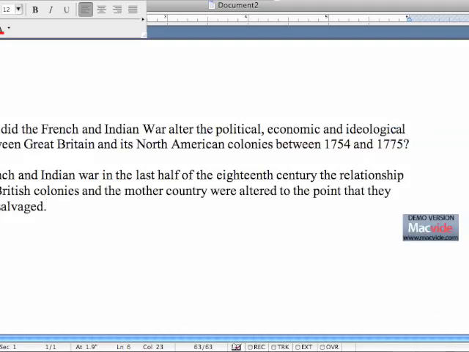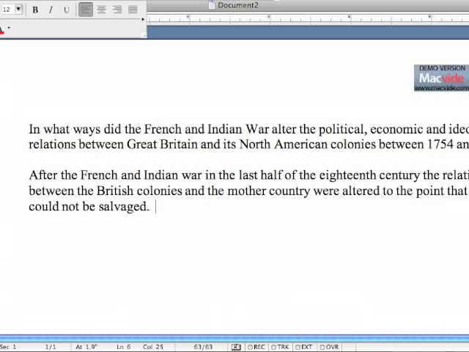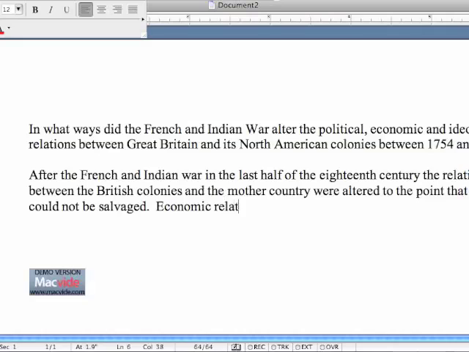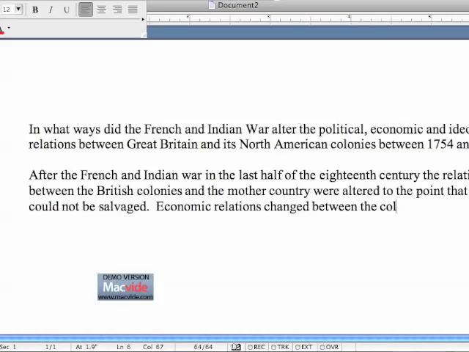The next thing that I'm going to want to do is figure out my blueprint. What am I going to say in 3 sentences about the political, economic, and ideological relationship and how they changed so it sets me up for my thesis? With the economic situation first, I could just go in and say that economic relations changed between the colonies and the mother country.